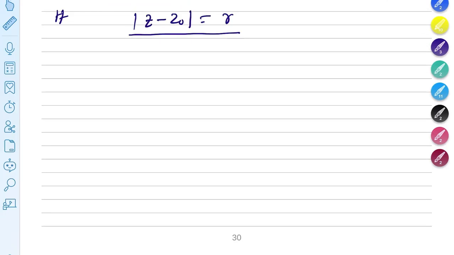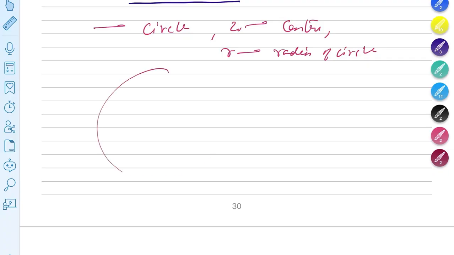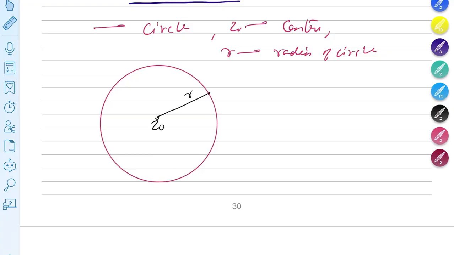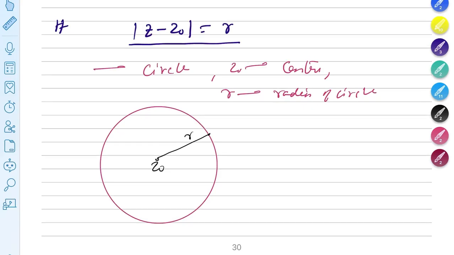This represents the equation of a circle with z naught as the center of the circle and r as the radius. So mod of z minus z naught is equal to r represents the equation of the locus of the circle with center z naught and radius r.